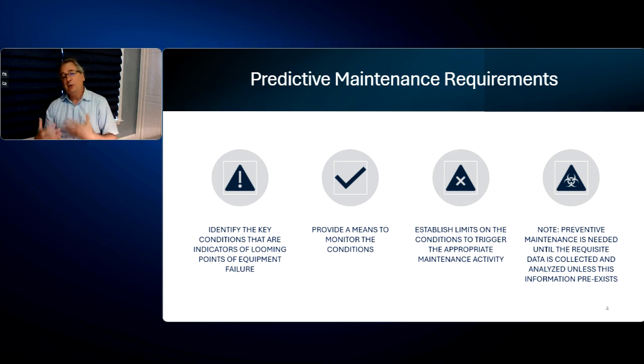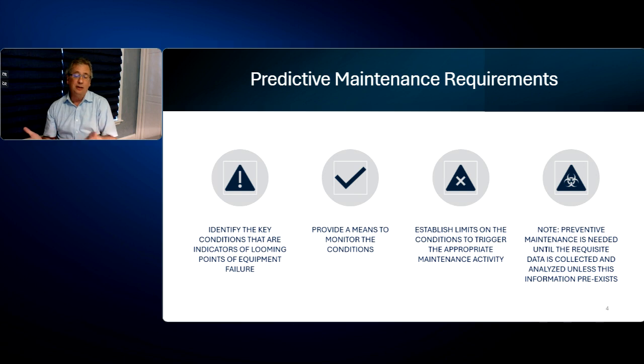Now, particularly with new equipment, but also older equipment, if we don't have the data to help us establish those limits that would trigger the appropriate maintenance activity, if we don't have that experience, that data, we have to create it. So I always tell folks, continue your PMs, your preventative maintenance program, until the requisite data has been collected and analyzed to tell you the limits for a condition that should be the trigger.